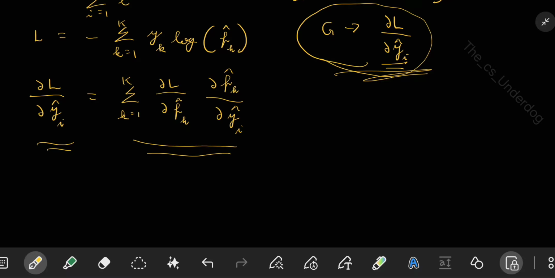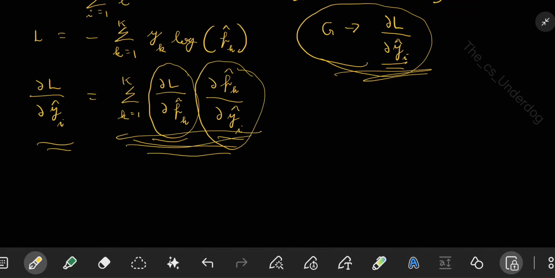For this, there are two requirements. First, we want to find this particular term, del L by del pk cap. And secondly, we should find this term, del pk cap by del yi cap. So first we'll separately find these two terms, and once we have both of these handy, we'll come back here and do this mathematics, right? So keep in mind there are two things we are going to find out.